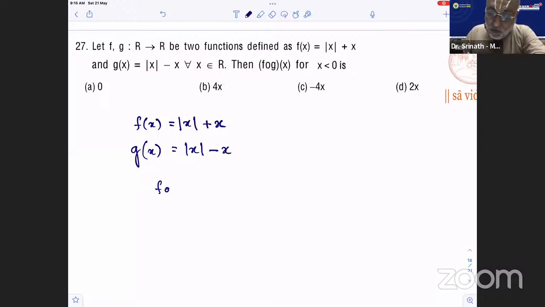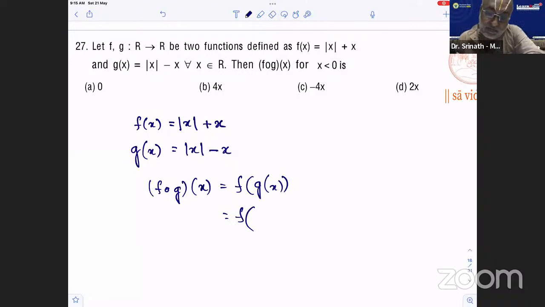Now, f composite g of x is being asked. So this is f of g of x. So this is f of, what is g of x? See, if you observe this g of x, it is mod x minus x. And it's given x should be less than 0.